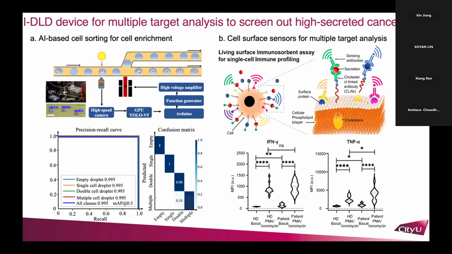For our next step, we hope to use the well-established living surface capture developed by our teammates to capture multiple targets such as cytokines, chemicals, or even exosomes, because as we all know, these kinds of secretions play a very significant role in cancer functions, cancer drug resistance, and especially cancer metastasis.